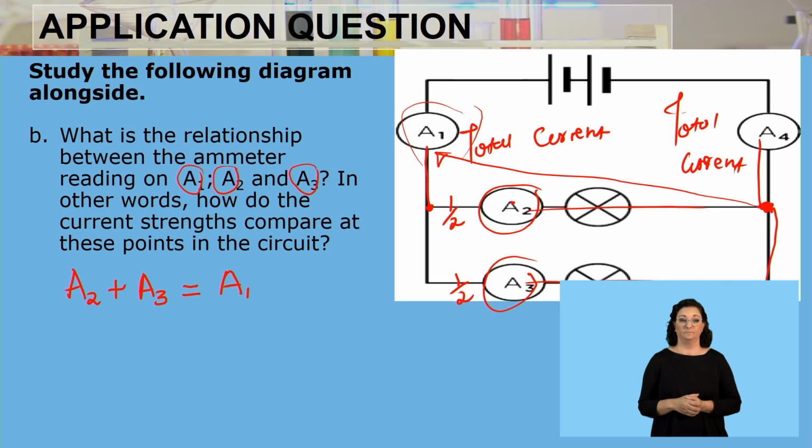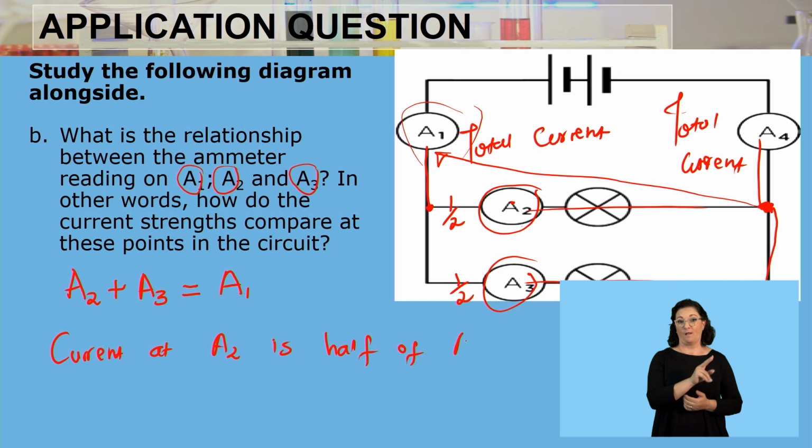We need to say the current at A2 is half of A1.